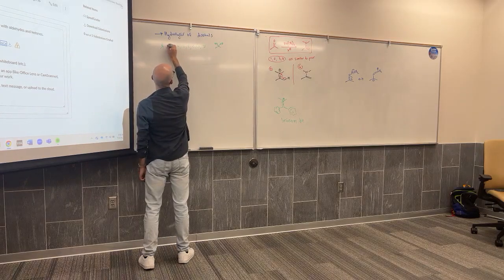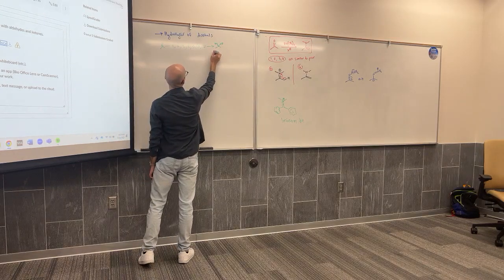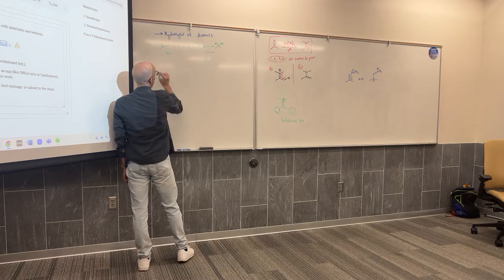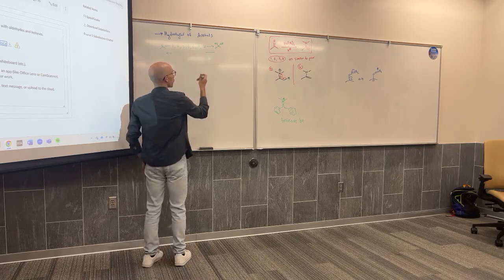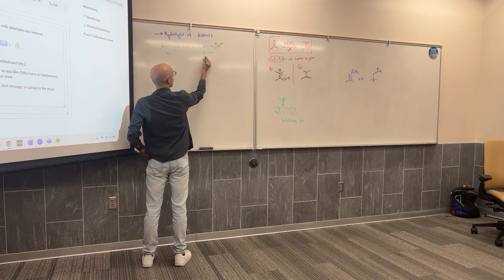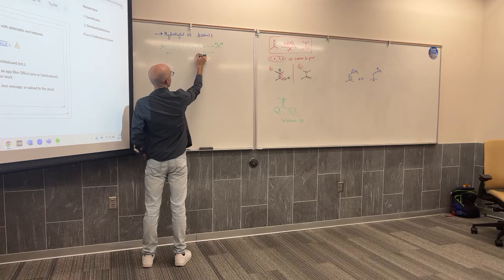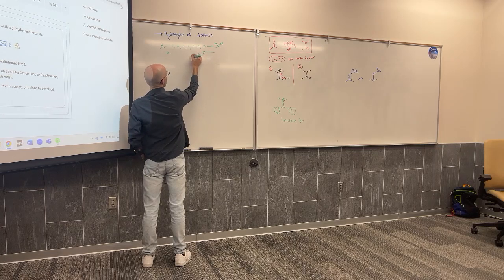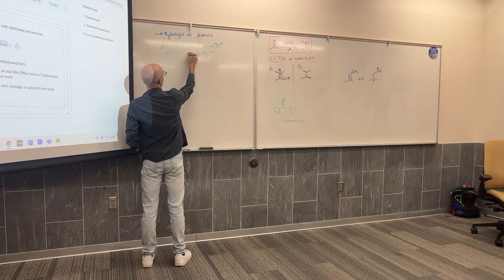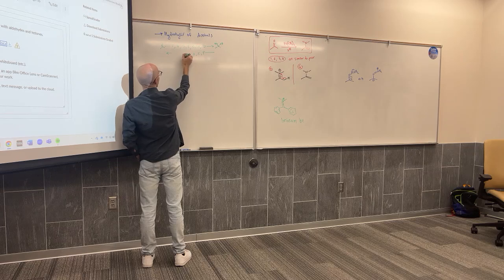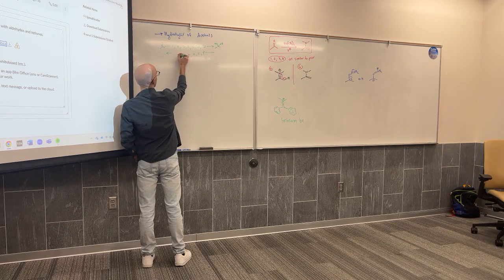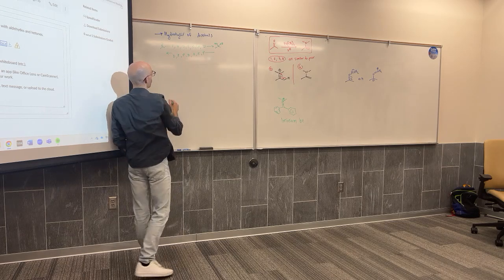That was to go forward. If we want to go backwards, our first step needs to be protonation, followed by elimination, followed by addition, followed by deprotonation, followed by protonation, followed by elimination, followed by deprotonation.